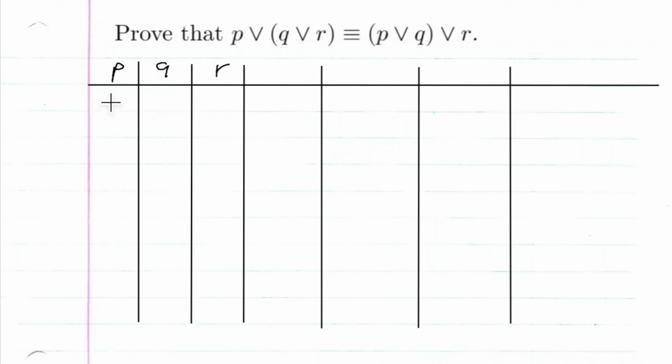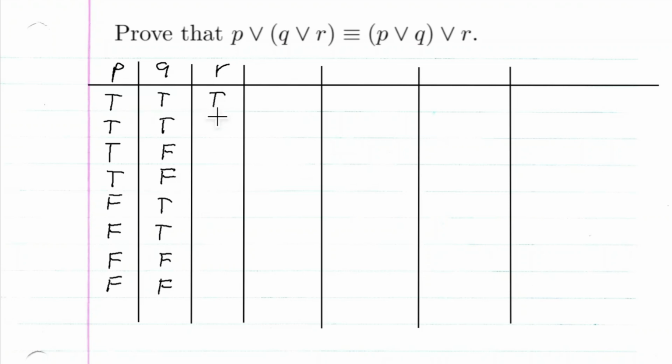So we'll do true, true, true, true, false, false, false, false, then true, true, false, false, true, true, false, false. And then the last will be true, false, true, false, true, false, true, false. So this is how we can get all the possible truth values between these three propositions.